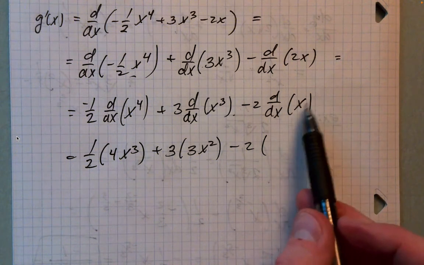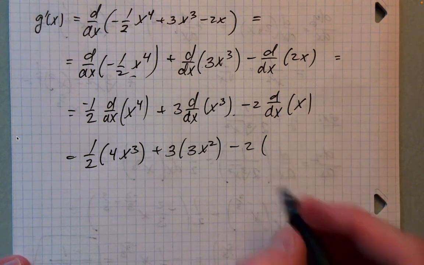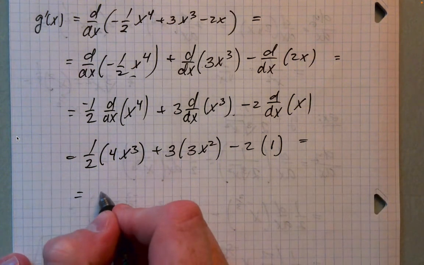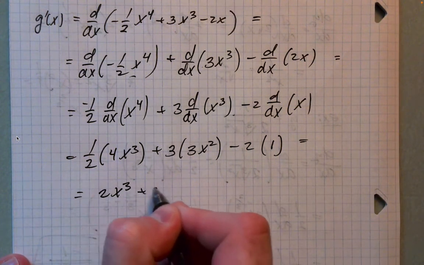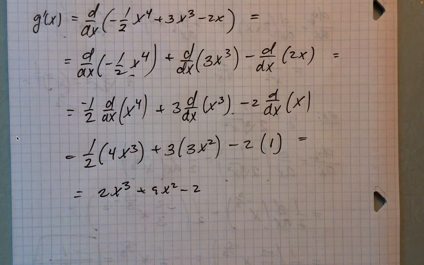So the x to the 0 power is what we would end up with here, 1x to the 0 power, which is just 1. Anything raised to the 0 power is 1. So that's what you end up with. And we could quickly simplify this down into 2x cubed plus 9x squared minus 2.